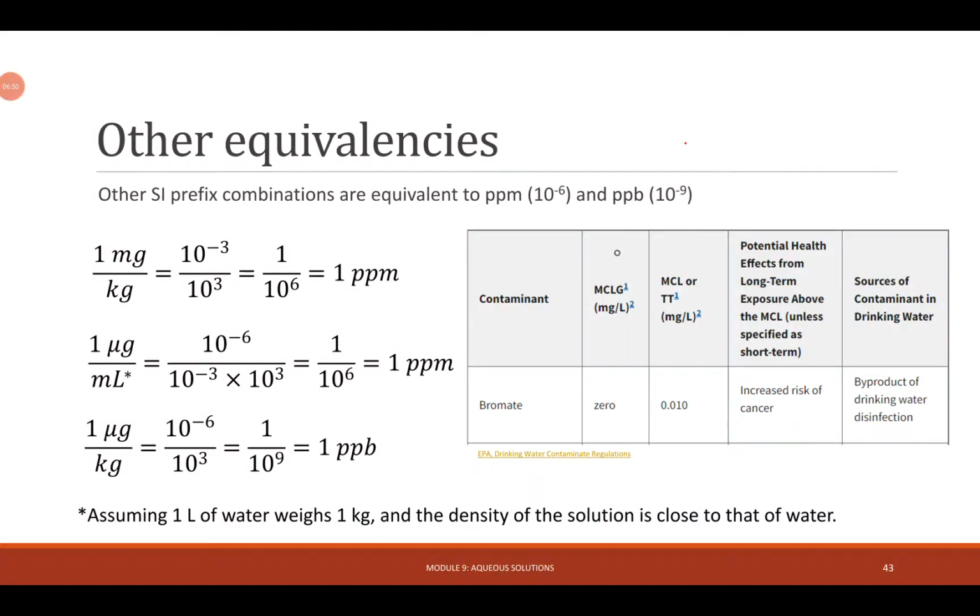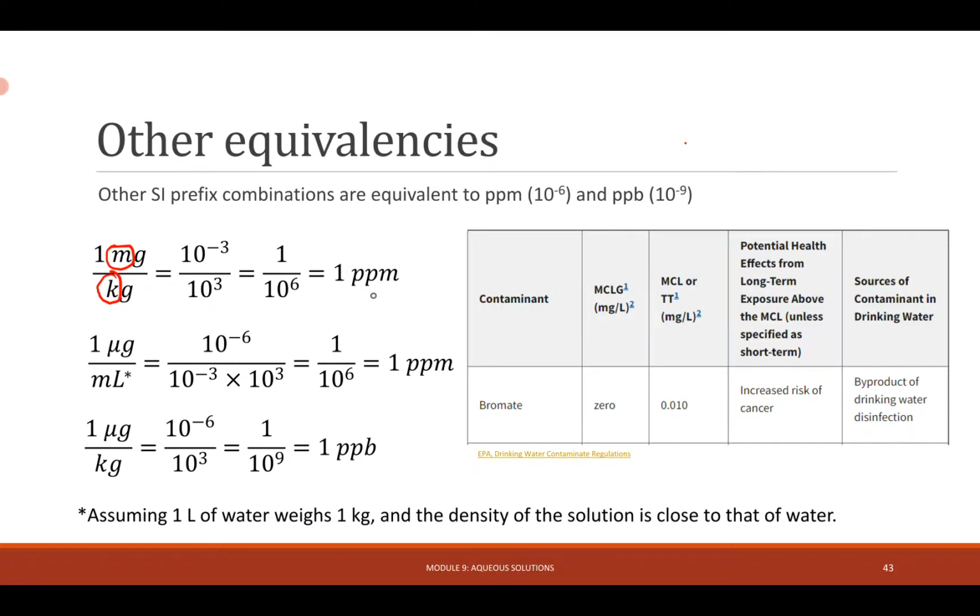Now there are other equivalencies that will be the same as ppm and ppb. Some of those equivalencies are here. And this works out because the difference in the magnitude of the prefixes works out to 10 to the 6th. So on some resources online, they might report these different units, such as a milligram per kilogram.